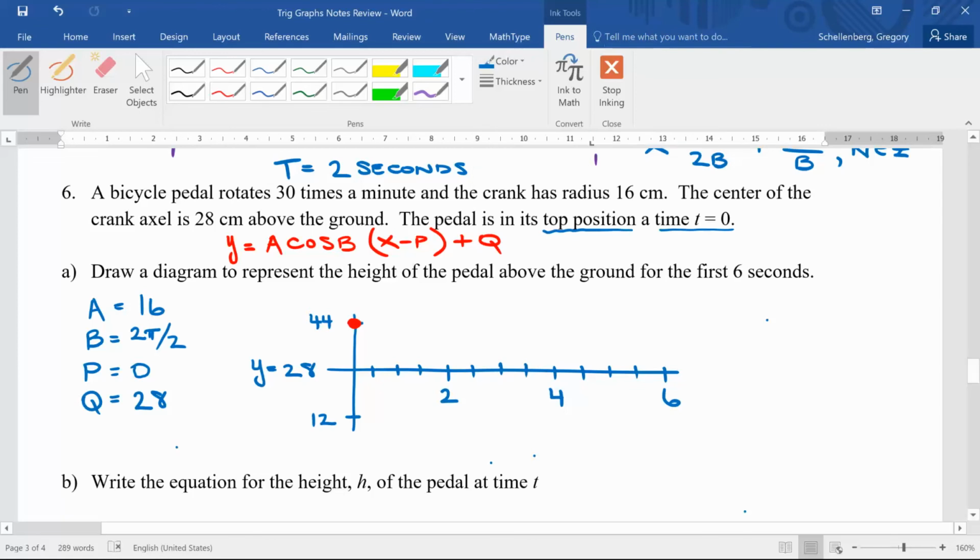And from here, we can plot the rest of our significant points. And we can connect the dots. And there we go.